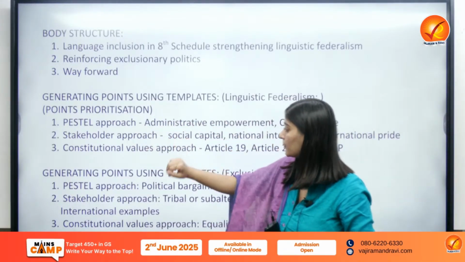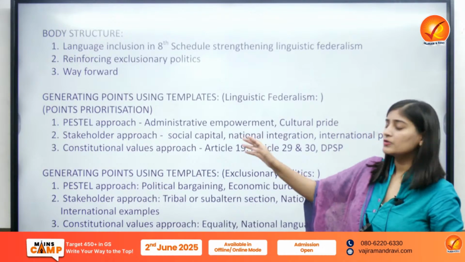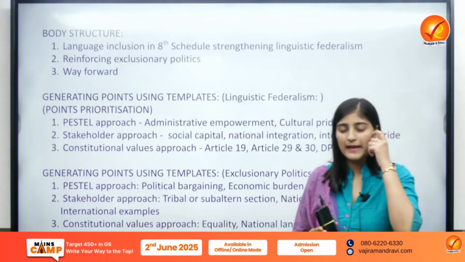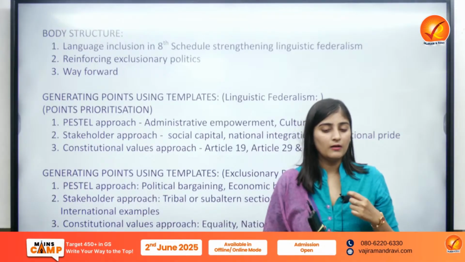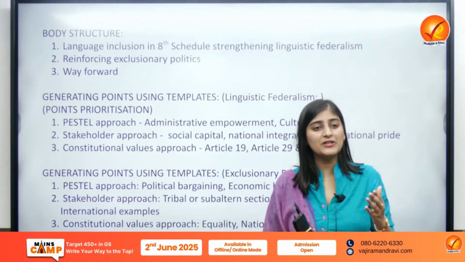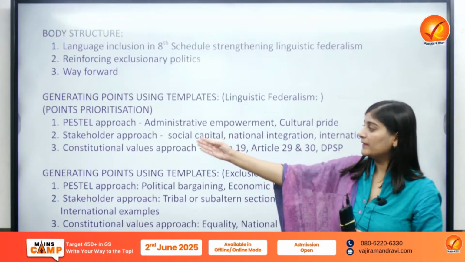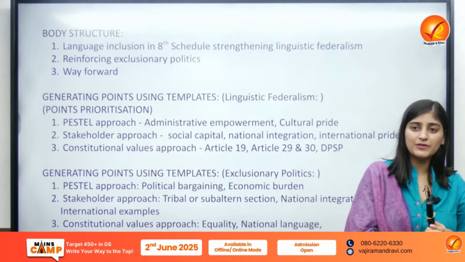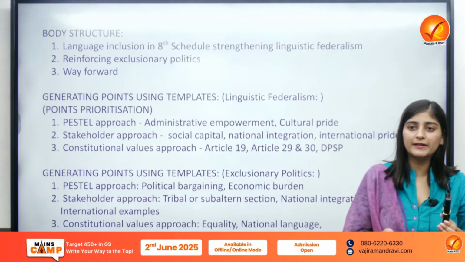Now, stakeholder approach. Social capital. How does it create social capital? A network of people who speak your language. Some languages are endangered, like, I don't know much, I think Tulu, or some languages which are endangered. It creates a social capital. When it gets recognized, there are more funds devoted to that language, and there is more awareness created around that language.